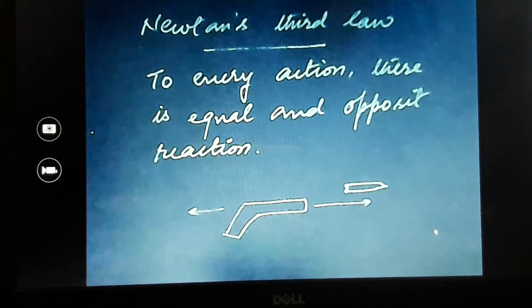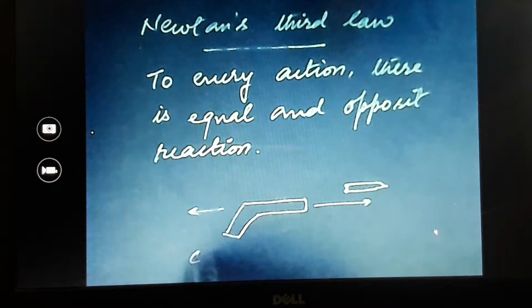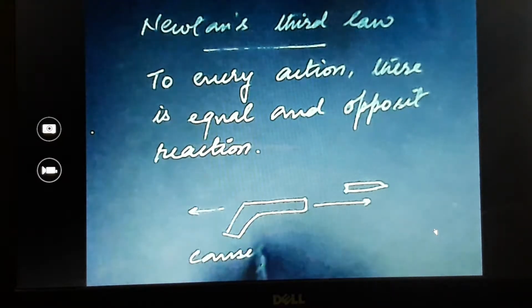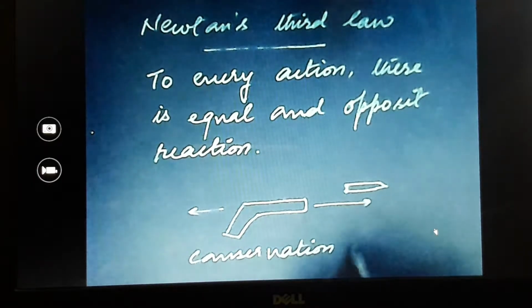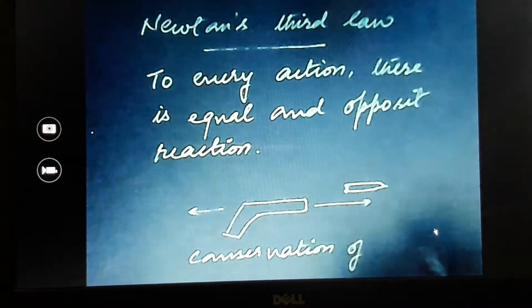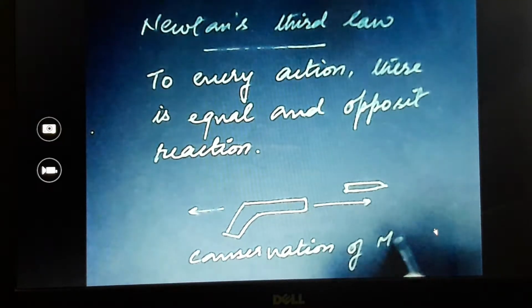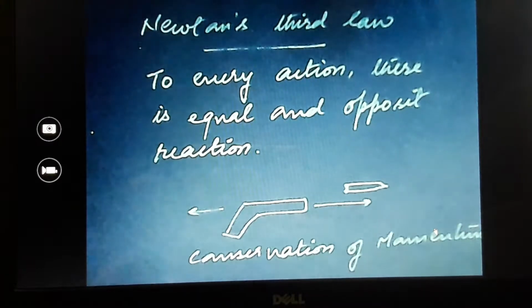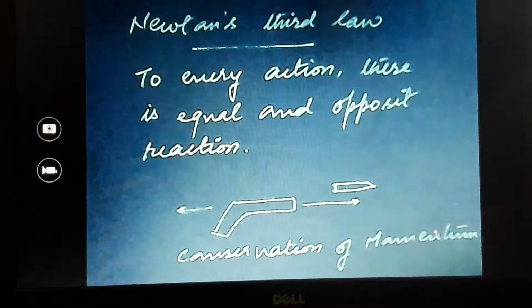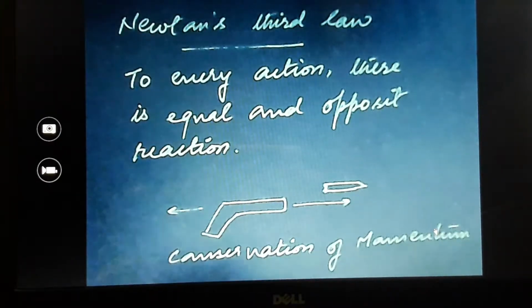Why so? Because of the concept of conservation of momentum. What is this conservation of momentum?